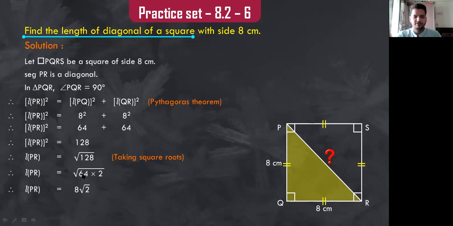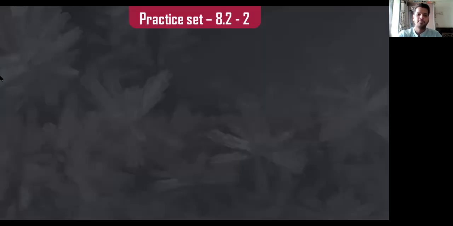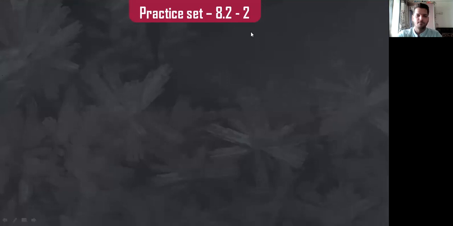Square root of 64 is 8 into 2 will remain under the root sign, will be root 2 only. So we have found the length of the diagonal as 8 root 2 centimeters. Correct? Alright.